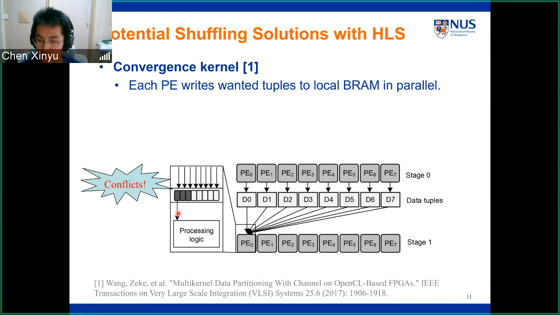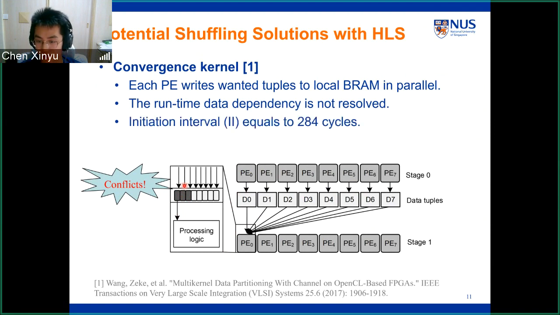However, the problem is that writing the tuples in parallel to this buffer introduces runtime dependency, because the write index of one tuple is determined by whether other tuples need to be written, right? So actually, the runtime dependency is still there and not solved.